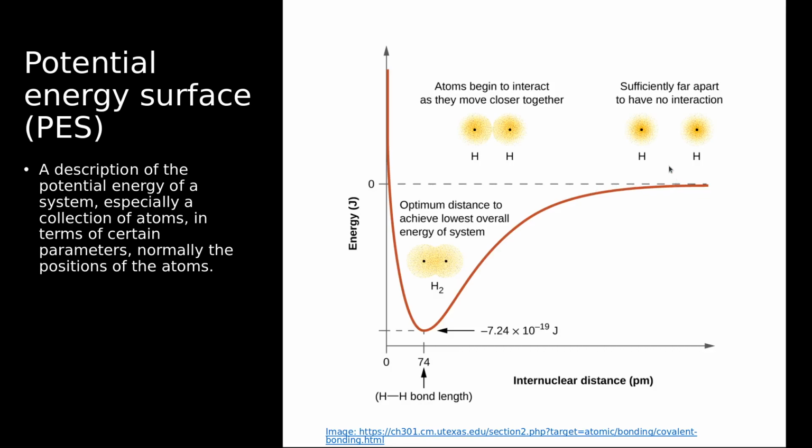They are not close enough to interact, so it will stay somewhat constant. But the more you bring them together, they start to be attracted to each other to form a bond. So you bring them together, they become more comfy, and the energy decreases up to some point.